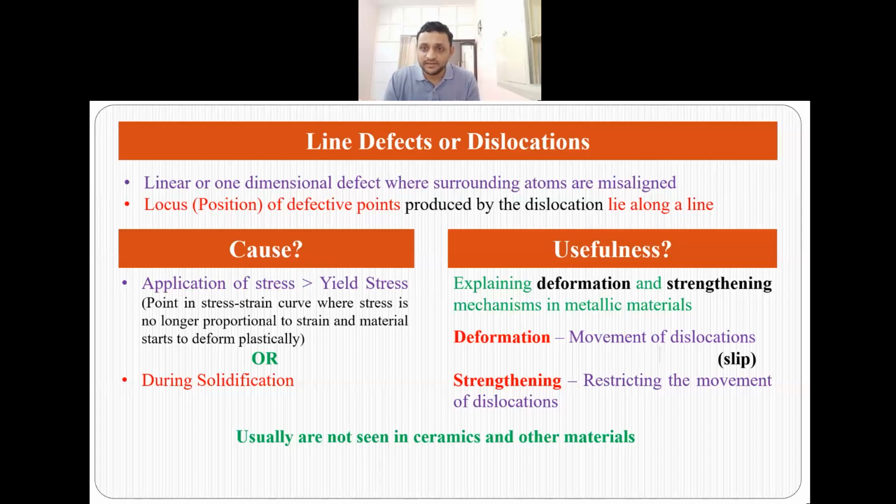If the dislocations are not moving, strengthening will occur. So if by some means we can stop or restrict the movement of dislocations, we can get strengthening. And if we can help in the movement of dislocations, then we are promoting the deformation mechanisms. But these dislocations are not seen in ceramics and other materials because it is very hard for them to be created in ceramics and other materials.